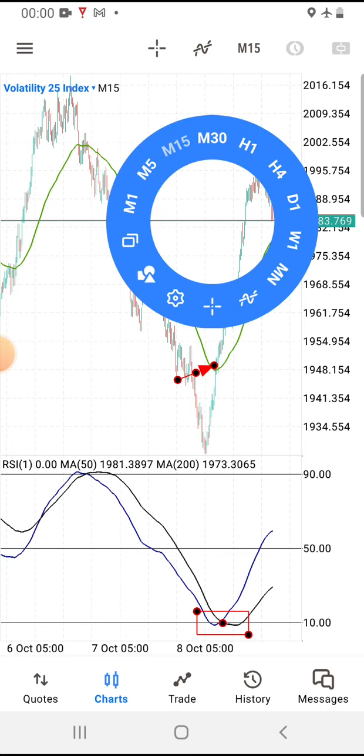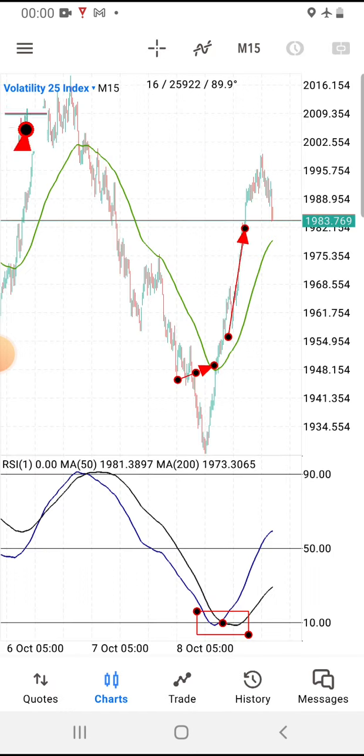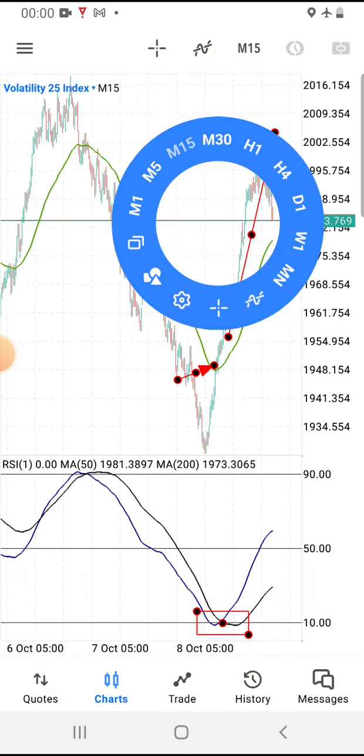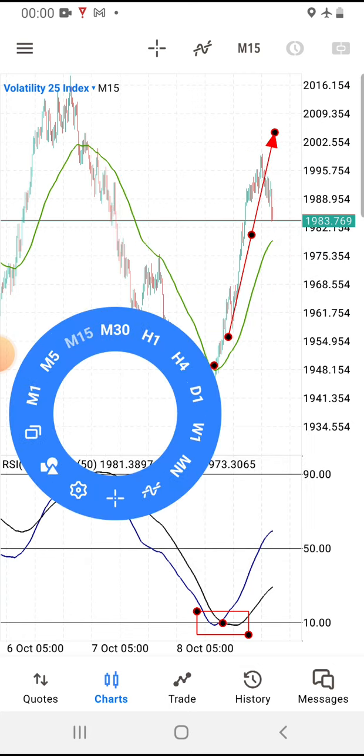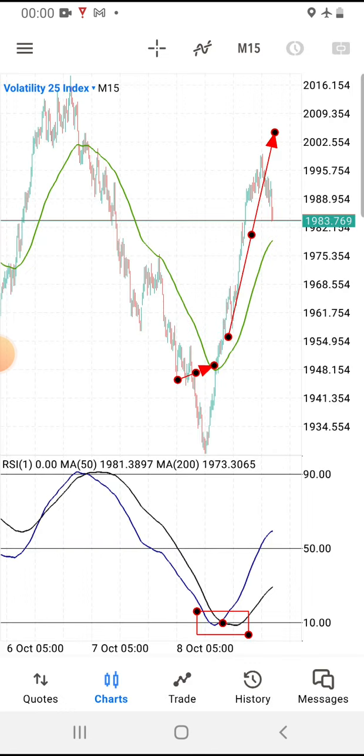And from there you can see that the market started pushing all the way up. So these two conditions give us the buy alert that we are looking for.